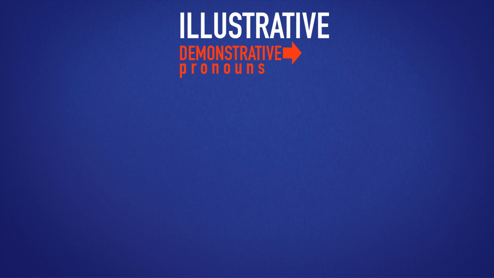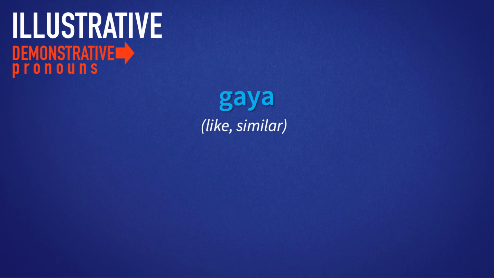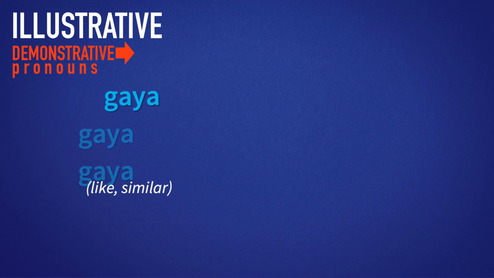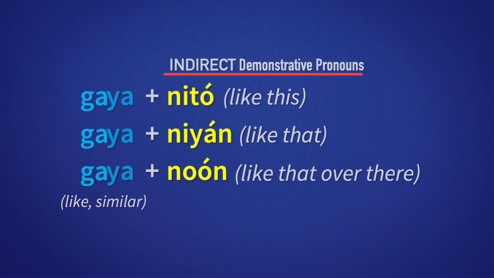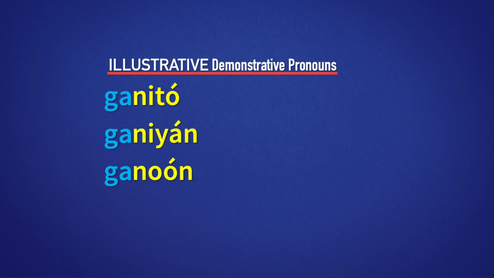Etymologically, the illustrative demonstrative pronouns are the combinations of the words gaya, meaning like or similar, and the indirect demonstrative pronouns nito, niyan, and noon. Combining gaya with the indirect demonstrative pronouns produces the illustrative demonstrative pronouns.